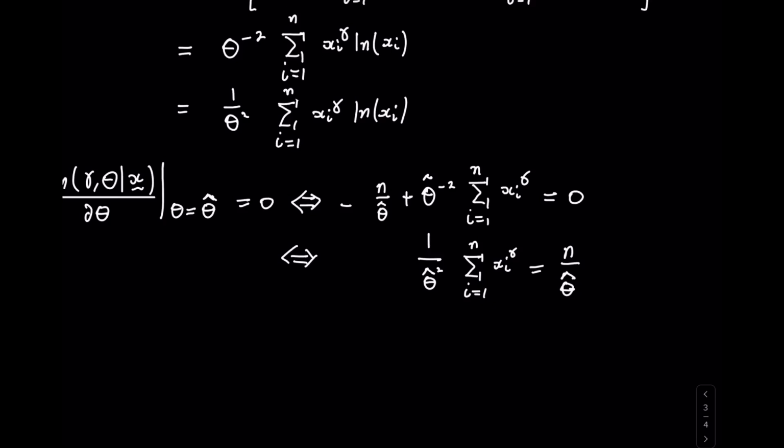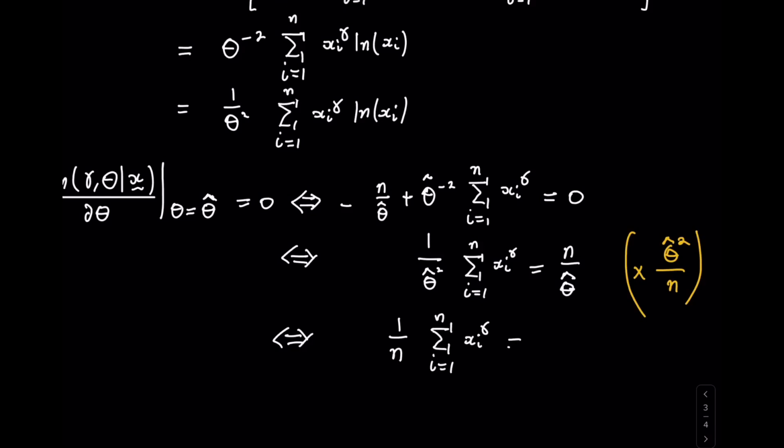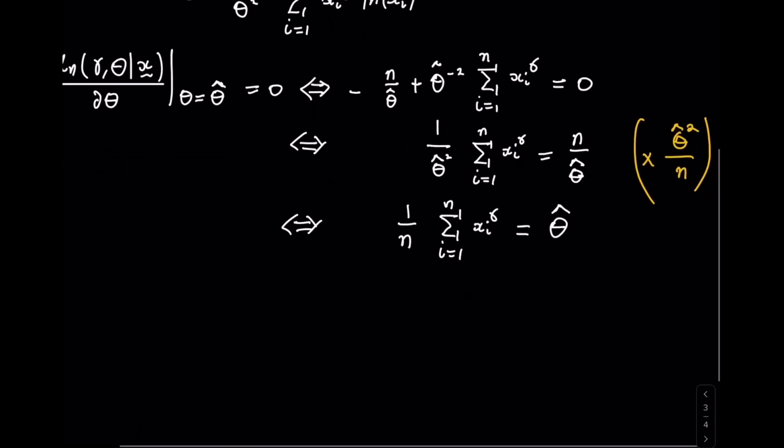And then if we multiply both sides by theta hat squared on n as a side, then what we end up with is, if and only if, 1 on n sum of i equals 1 to n of xi to the gamma is equal to theta hat. And we've come up with our maximum likelihood estimate for theta hat.